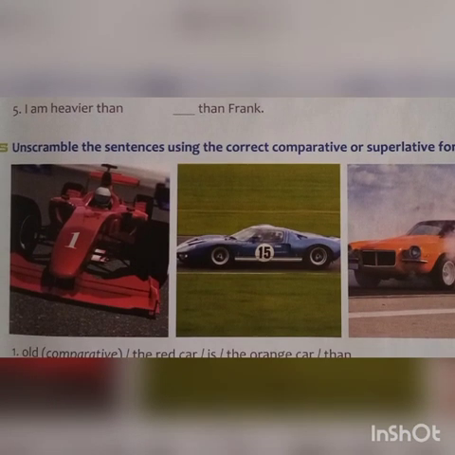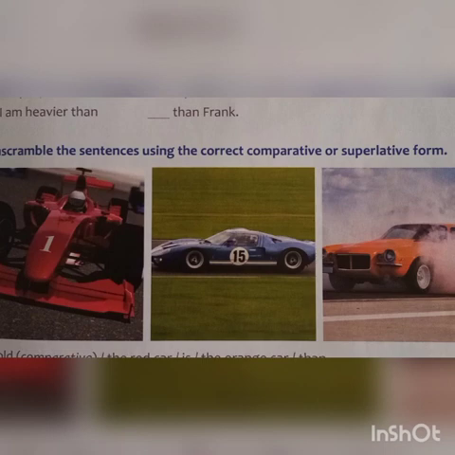What about number 5? We have 3 pictures, 3 cars. Do you like them? I like the orange one. Yes, that's my style. I like classic cars. And you? Which picture do you like? Yes, I like the red one too.